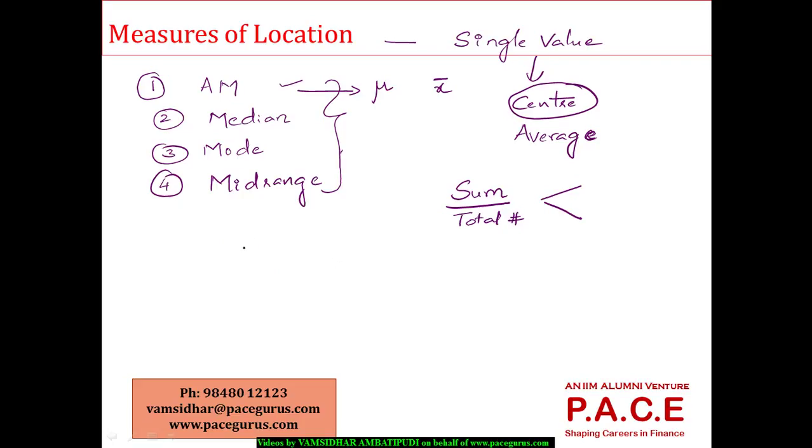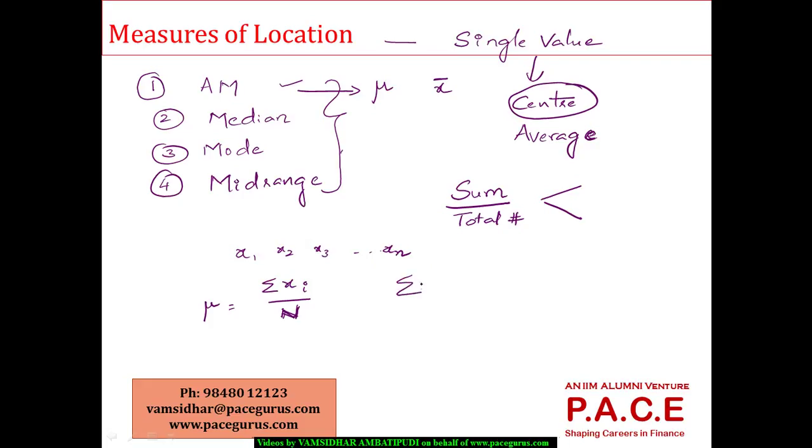If x1, x2, x3, and so on up to xn are the different elements of the data, it is the summation of all the elements divided by the entire population. Generally, when I use capital N, I call it the entire population. So this gives me the population mean, which is mu.